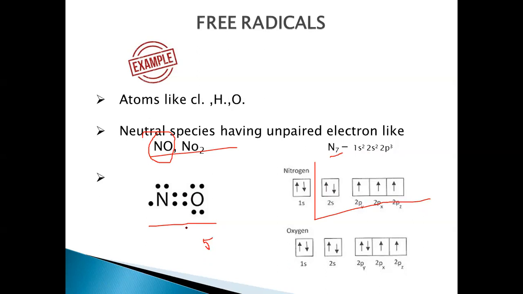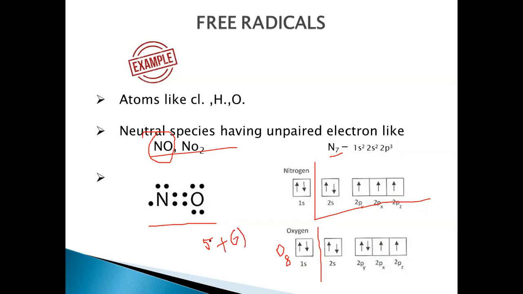When we come to oxygen, its atomic number is 8, so the electronic configuration is 1s2, 2s2, 2p4. The outermost shell has 6 electrons, so the number of valence electrons is 6.